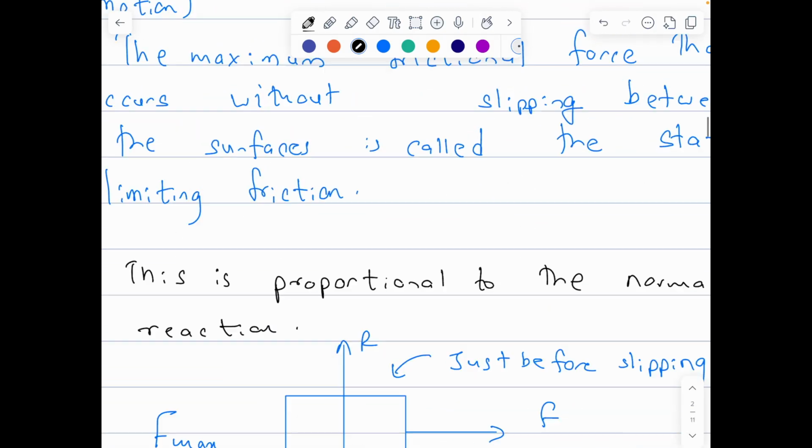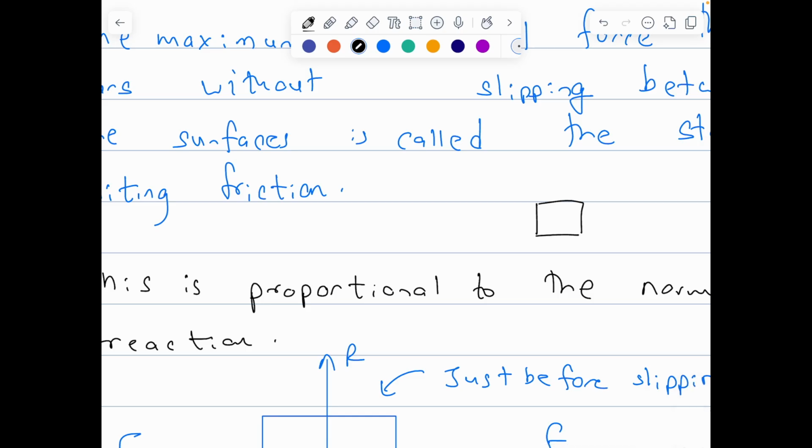Now, why is that? Just think of placing an object on a surface and there's a reaction upwards. All right, on this occasion, the weight of the object is equal to the reaction. But just think of an occasion a bit different from this.